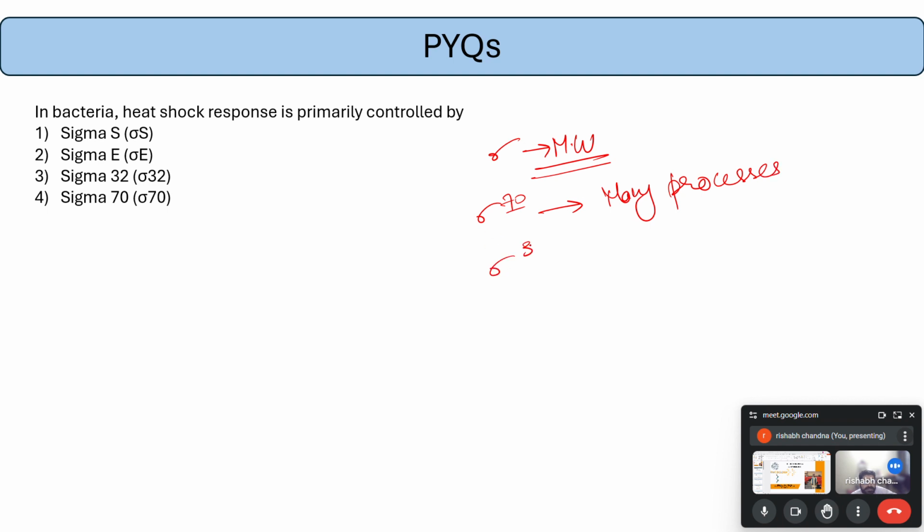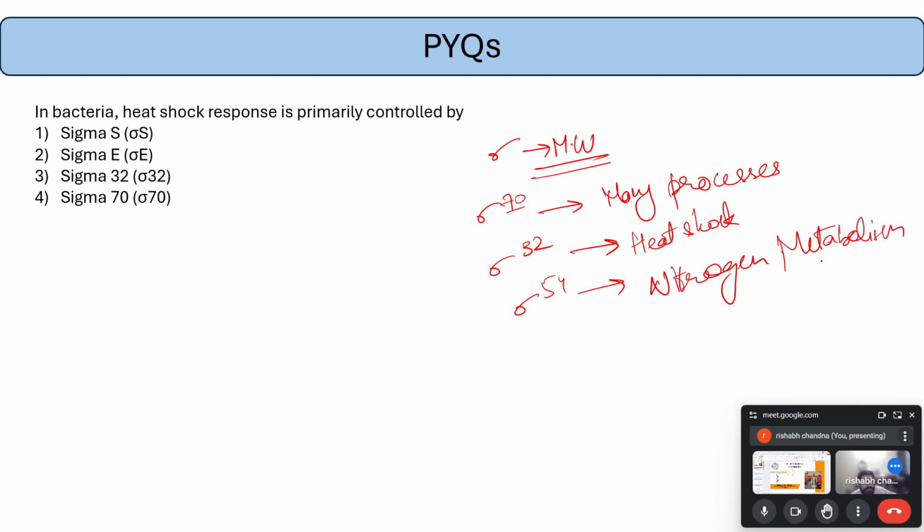The sigma 32 is basically involved in heat shock. Sigma 54 is involved in nitrogen metabolism. Sigma 32 is the correct answer here because it is involved in the heat shock response proteins. So the correct answer is option 3, that is sigma 32.